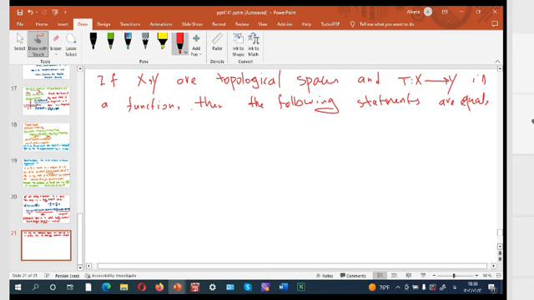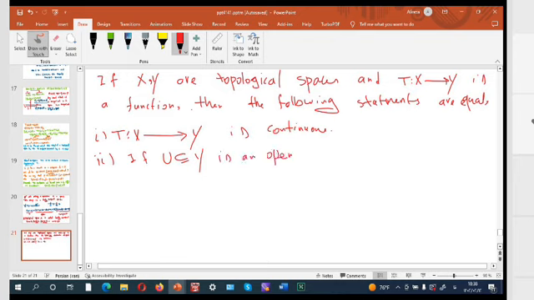One, T from X to Y is continuous. Two, for any open subset U of Y, the inverse image of U in X is open.